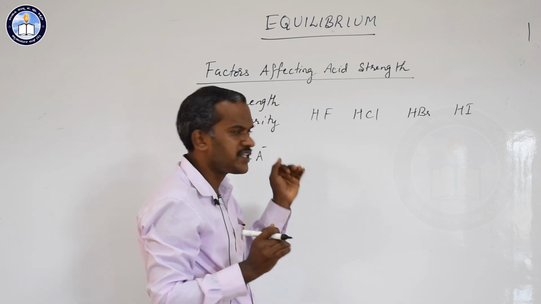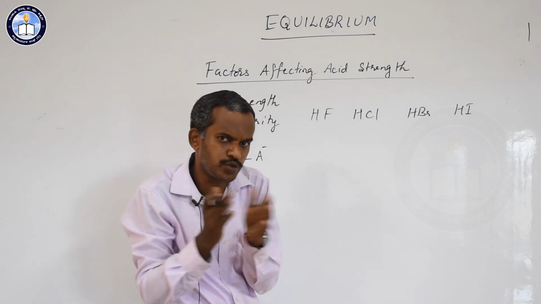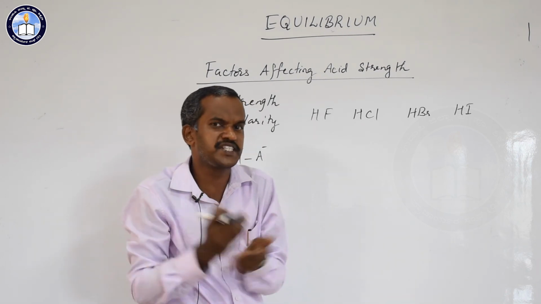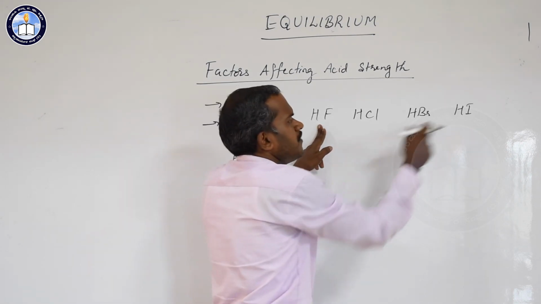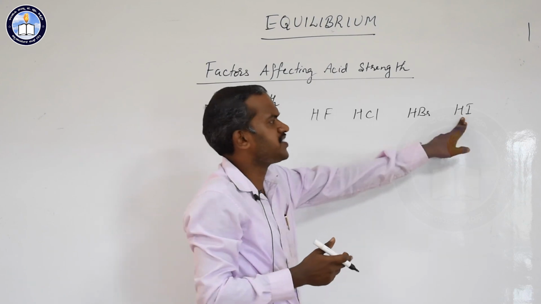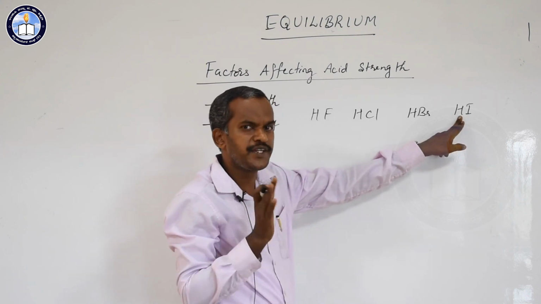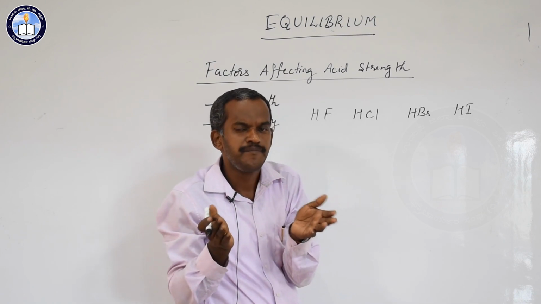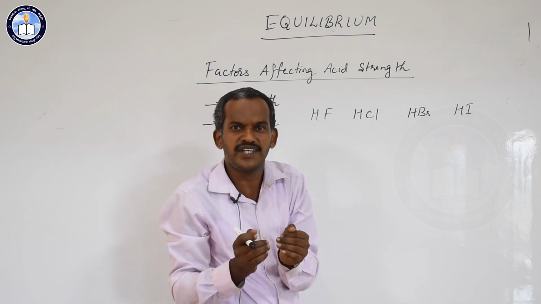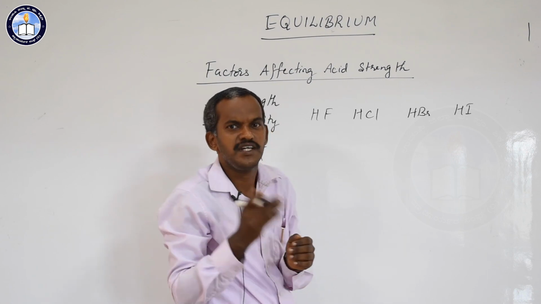When the strength of the bond decreases, dissociation becomes easier and acidic strength increases. So among HF and HI, which is the strongest acid? It is HI. Why is HI a stronger acid? Because of the larger size of iodine, the strength of the bond decreases and dissociation becomes easy.